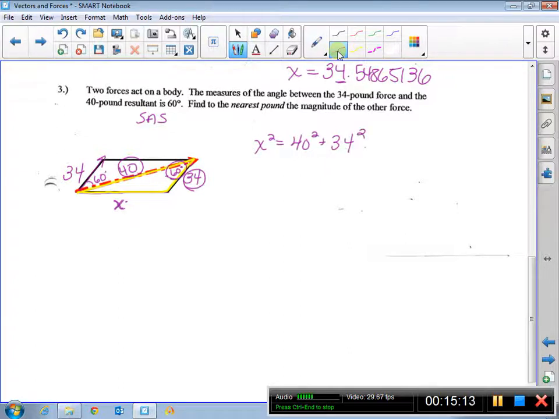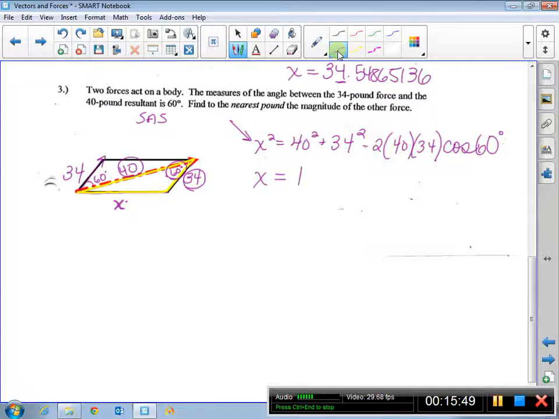So I've got x squared that I'm looking for equals 40 squared plus 34 squared minus 2 times each of those times the cosine of the angle across from x, 60. Let's put this whole line in, 40 squared plus 34 squared, hope you have your calculator, minus 2 times 40 times 34 times the cosine of 60.